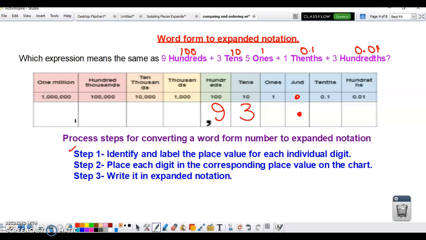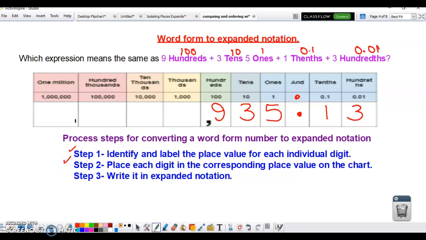And 5 ones. 5 ones. The next is 1 tenth, so I will put the 1 tenth right here. Finally and lastly is the 3 hundredths. So hundredths place is right here. So we got the second one.